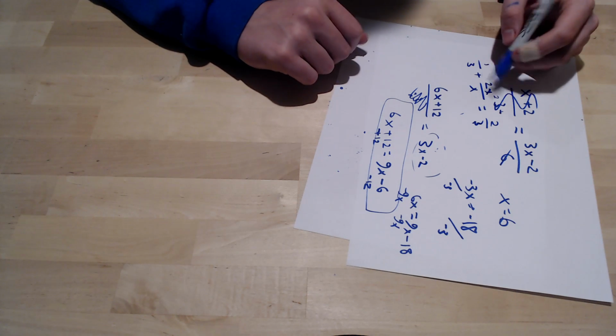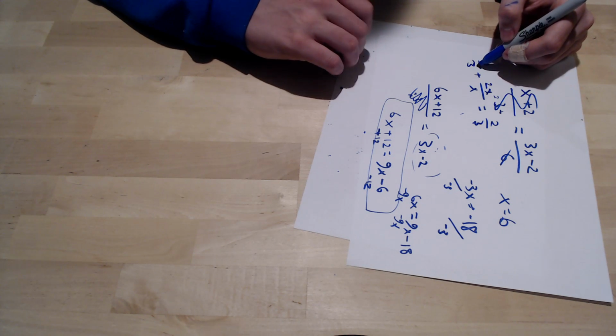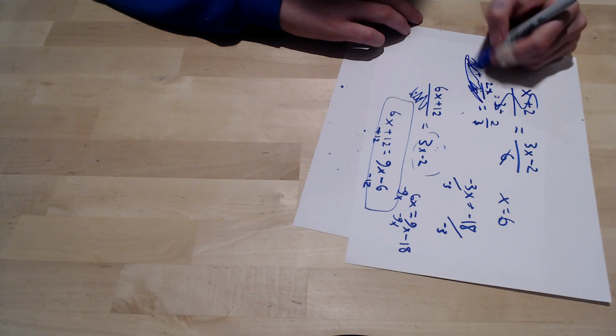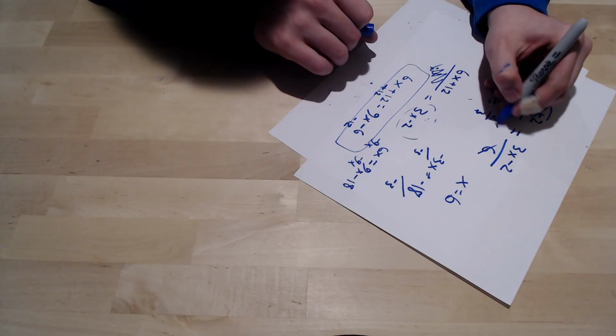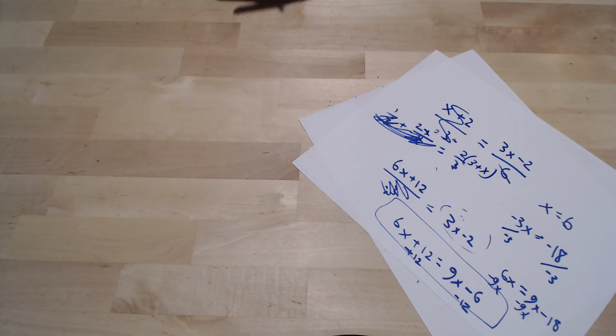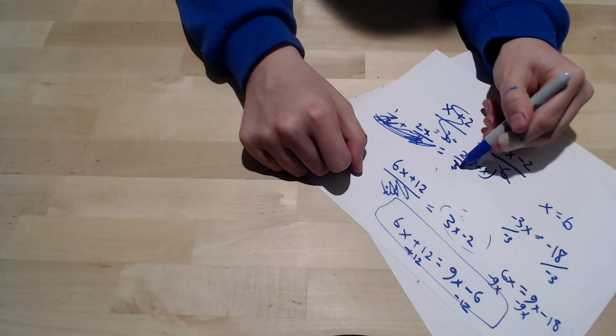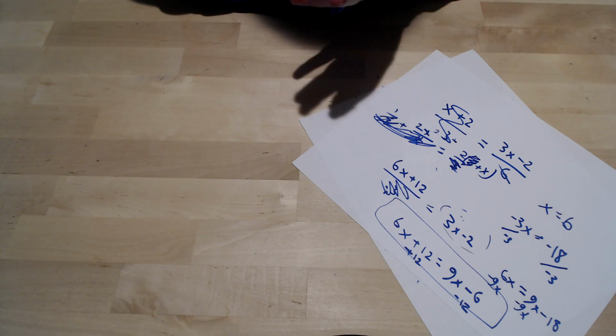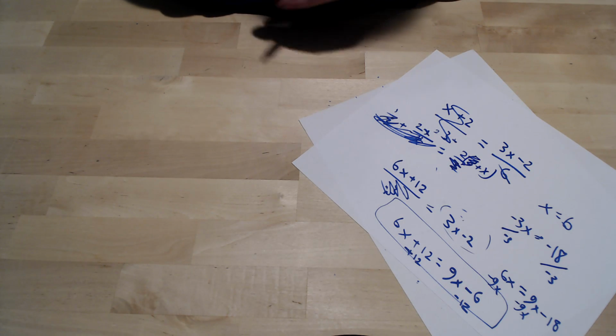So here you'd want to multiply everything by 3 plus x, so it would cancel out here on this side, and then this side would get that in the numerator, because it just covers most of the equation.